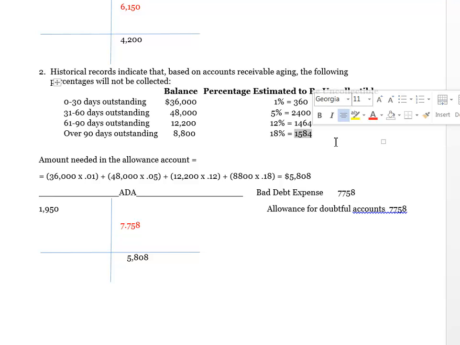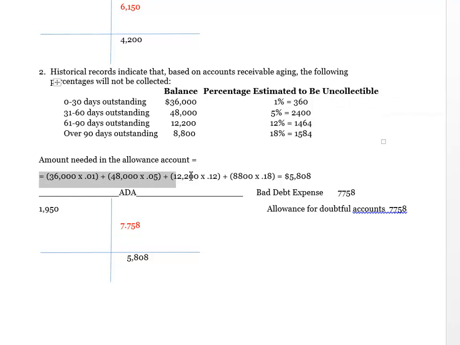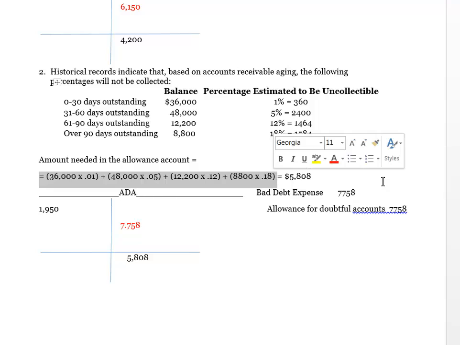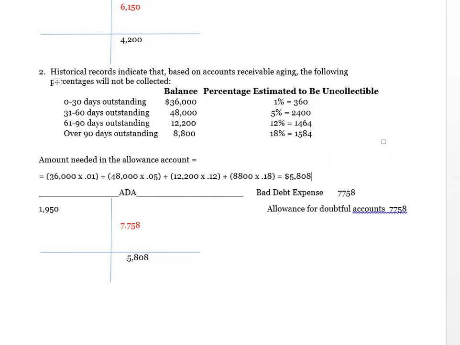So if we add up all of these numbers, well, what I did here is I just did the multiplication in a string here, and if we added up all those numbers, we would get $5,808.